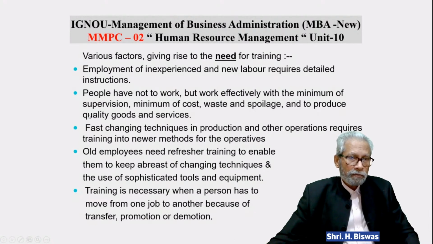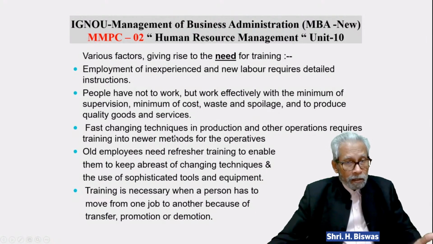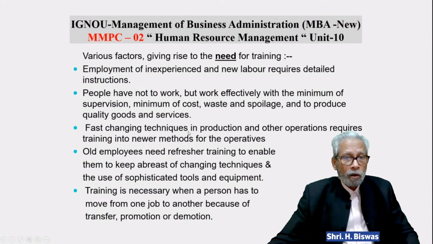Now, different functions and situations are there where the techniques change. First, changing techniques in production. Suppose new automation machines are coming into the factory. Even in home appliances there are a lot of changes, like washing machines and refrigerators with new features.